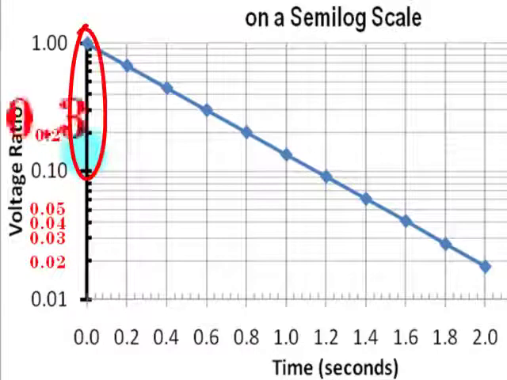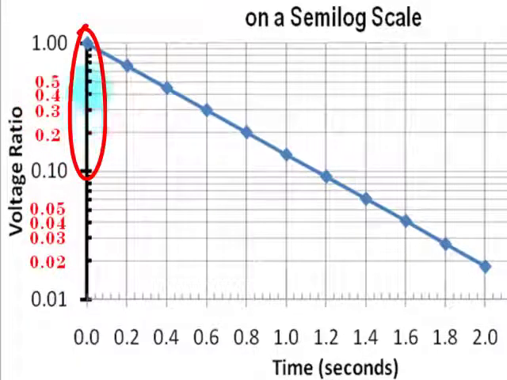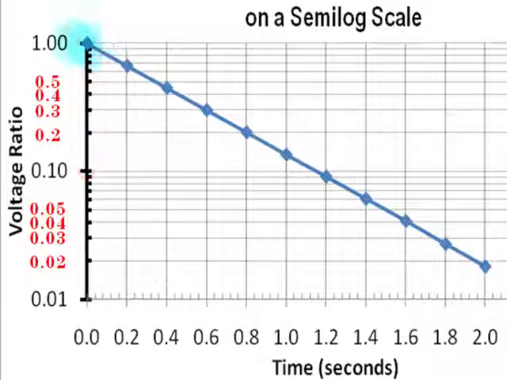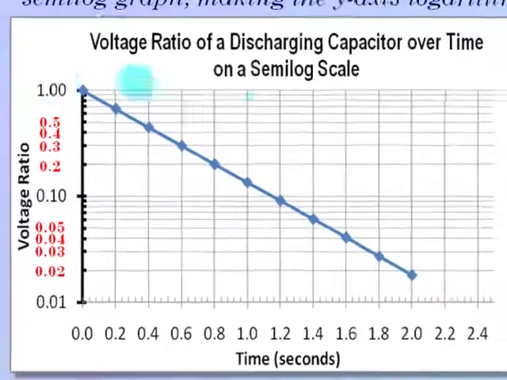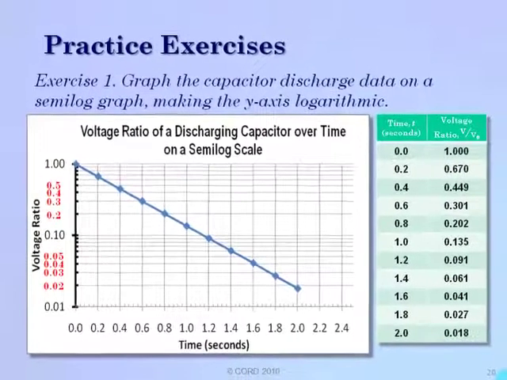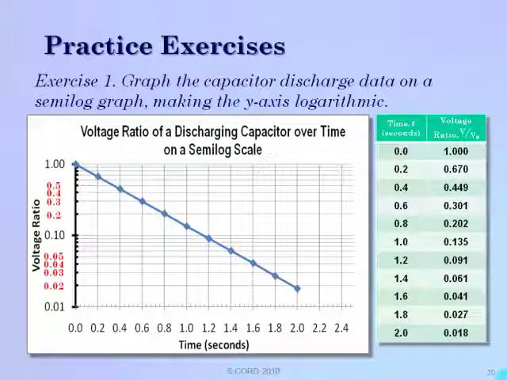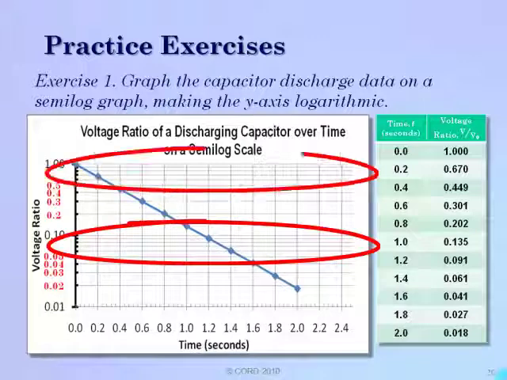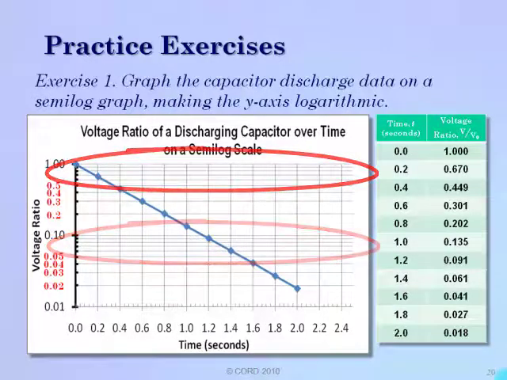So here we'll have 0.2, 0.3, 0.4, 0.5, and then they get closer together again as we get closer to the end of that decade and start the next one. That is very characteristic of logarithmic scales, and so you'll learn to recognize that right away when you see a scale that gets all scrunched up as it gets closer to the end of the decade. That's a good sign that you're looking at a logarithmically scaled graph.